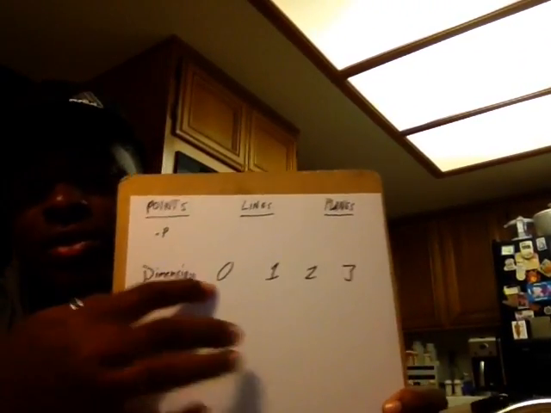So, dimension 0. Let's start off with that. So, we have dimension 0, 1, 2, 3. So, can you see this? There we go. So we have dimension 0, 1, 2, and 3, right? Dimension 0 defines points.